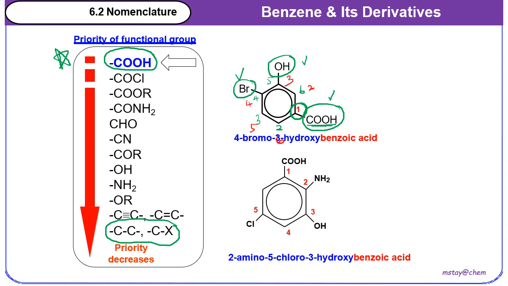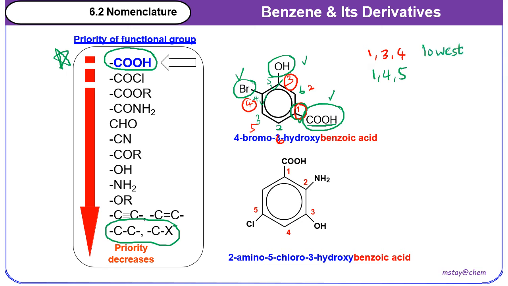If we go anti-clockwise, in this case we also get 1, 2, 3, 4, 5, and 6. For the red color, we are going to use 1, 3, and 4. If we use the green color, it is 1, 4, and 5. Based on this, we know that 1, 3, 4 has the lowest numbers.